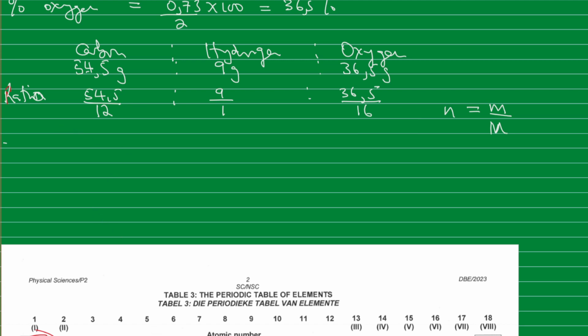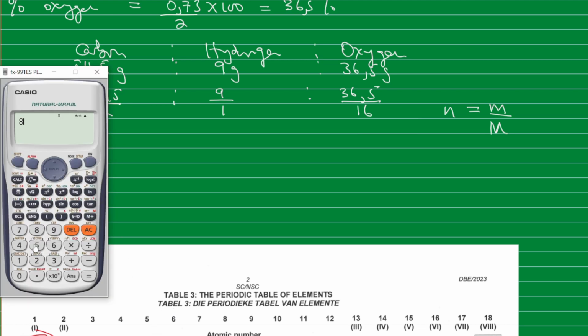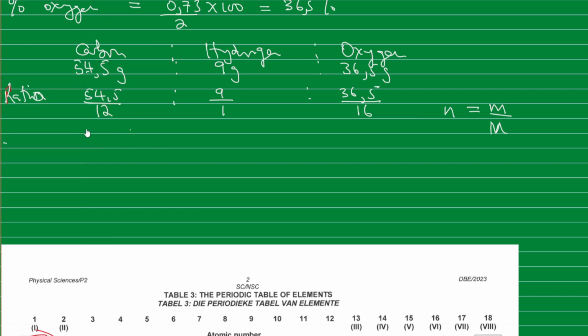Okay, on the calculator: 54.5 divided by 12, we'll get 4.5416, so we have 4.54 moles of carbon.